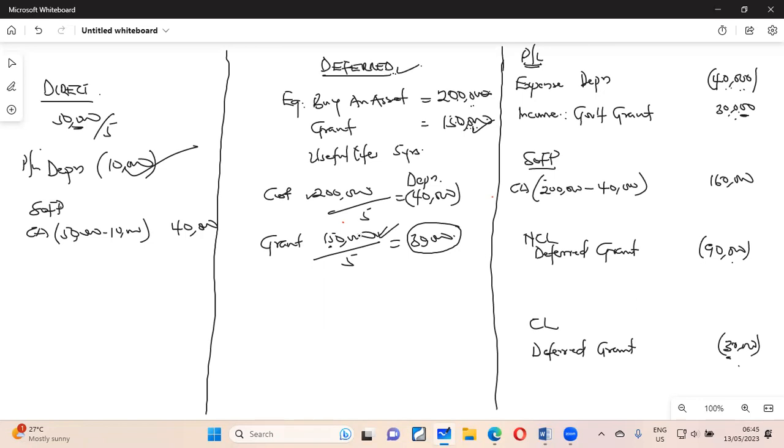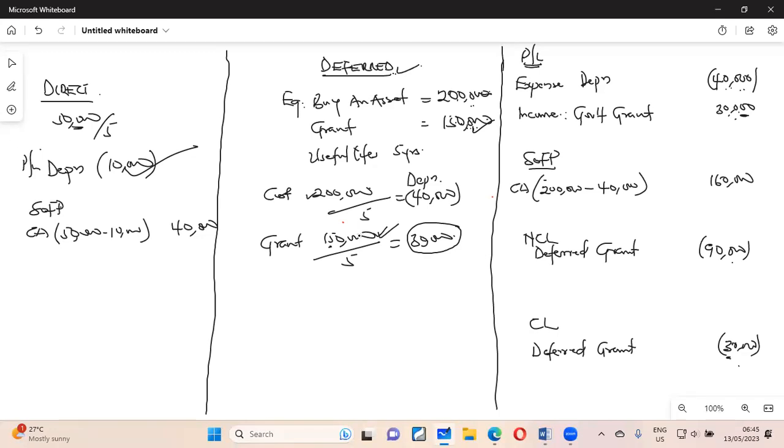All right. So that is all about government grant. The only thing that I may have to add is what we call reversal of the grant. The reversal of the grant happens when the company, thinking that they have received the grant already and done all the treatment that we've done, is not able to fulfill some of the conditions of the grant, and therefore has to reverse the grant.